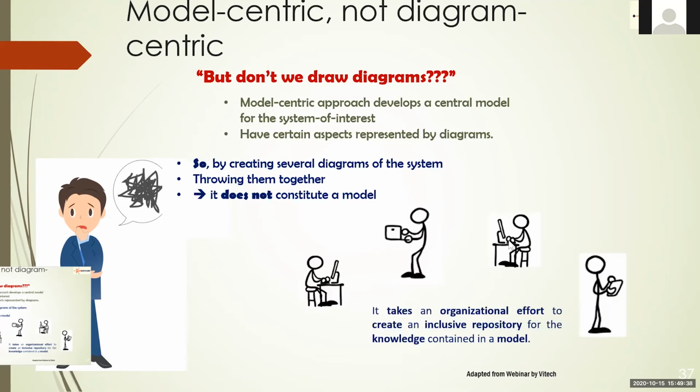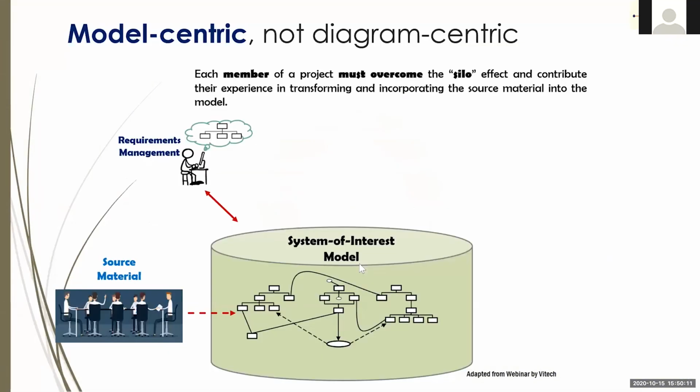What we want to do is to take an organizational effort to get those people working, having an inclusive repository that each one of them can use, so we can share the knowledge and put all that knowledge into a single repository representing a single big model for the system, okay? So while that model is made of different models from different perspectives. So, sorry, let me back up and let me try to explain it in another way, okay?